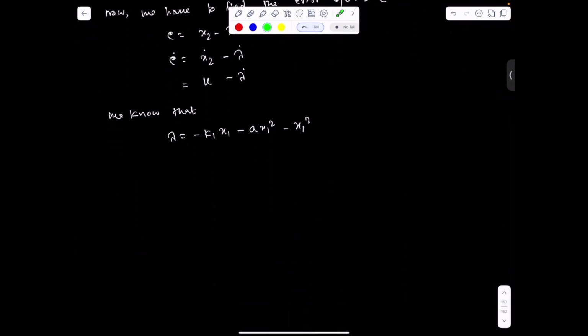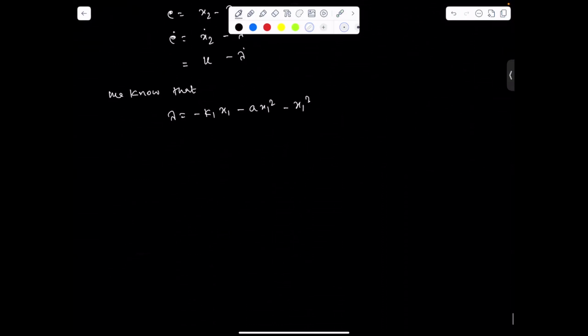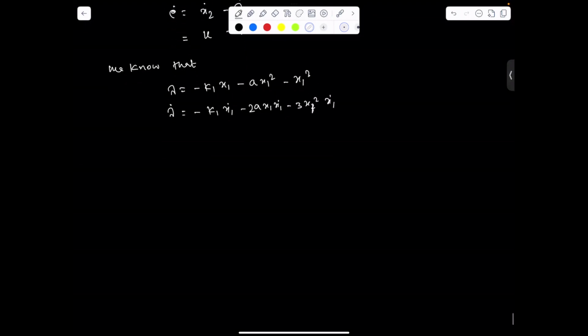And from which we can write lambda dot equal to minus k1 x1 dot minus 2a x1 x1 dot minus 3x1 square x1 dot.